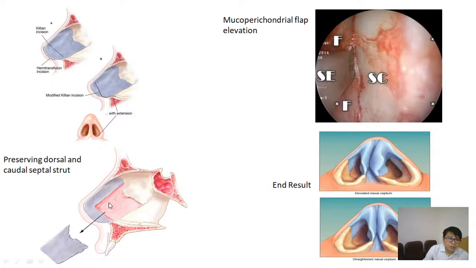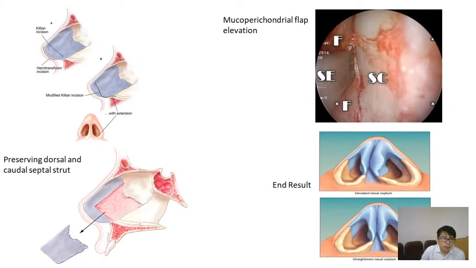In this picture, what is shown is that the major part of the septal cartilage has been removed, just preserving a significant part of the dorsal part of the septal cartilage and the caudal part of the septal cartilage. This is the L strut. This is important to maintain the shape of the nose.